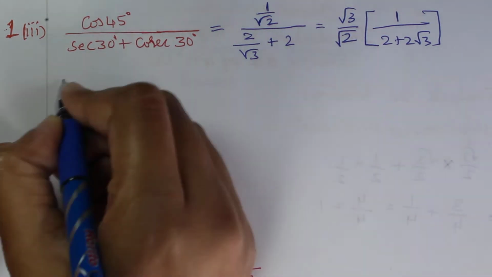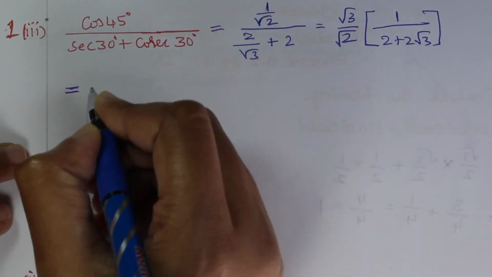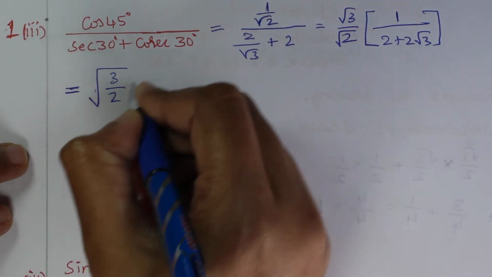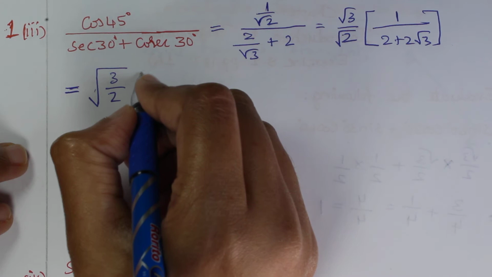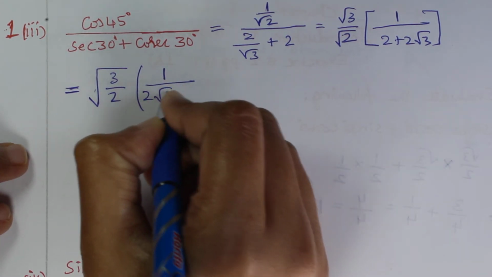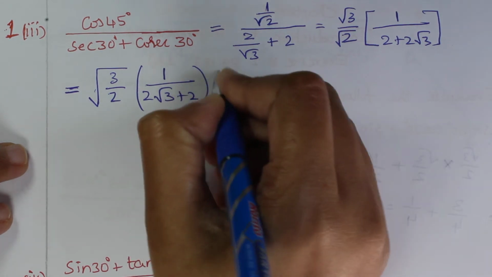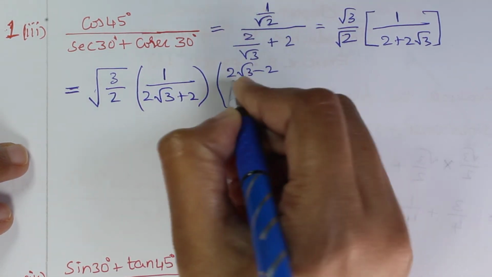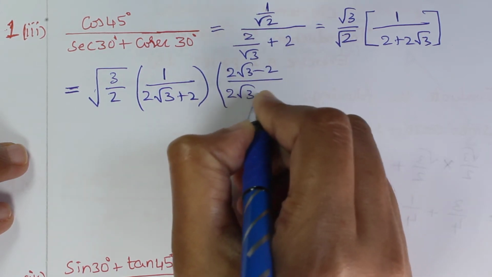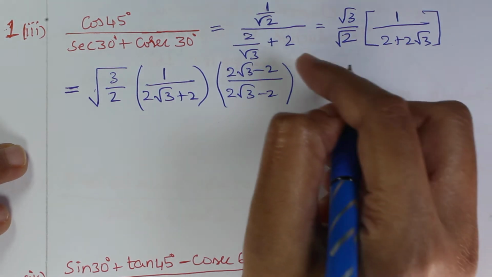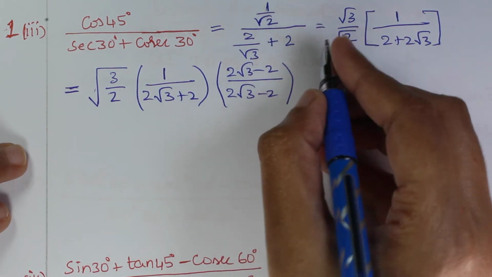Now it becomes root 3 by 2 into 1 by 2 root 3 plus 2 into 2 root 3 minus 2 divided by 2 root 3 minus 2. I am multiplying both numerator and denominator with 2 root 3 minus 2.